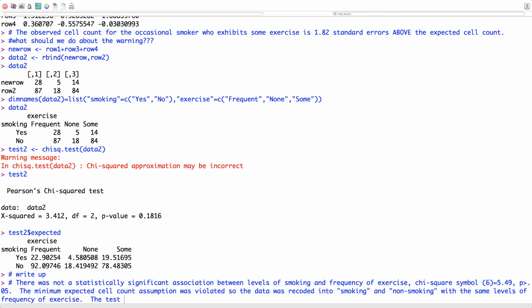The test was also not statistically significant.